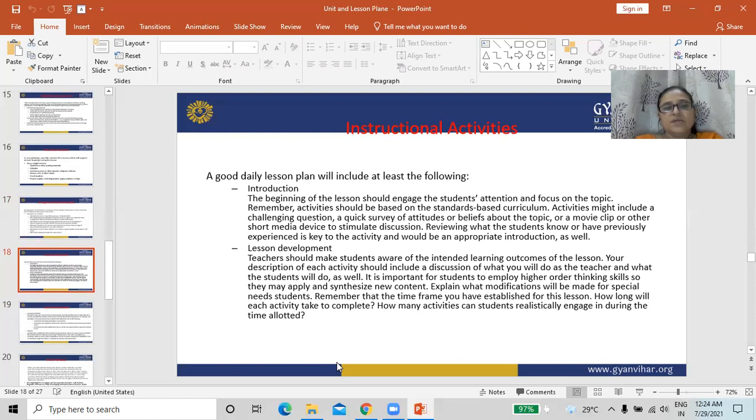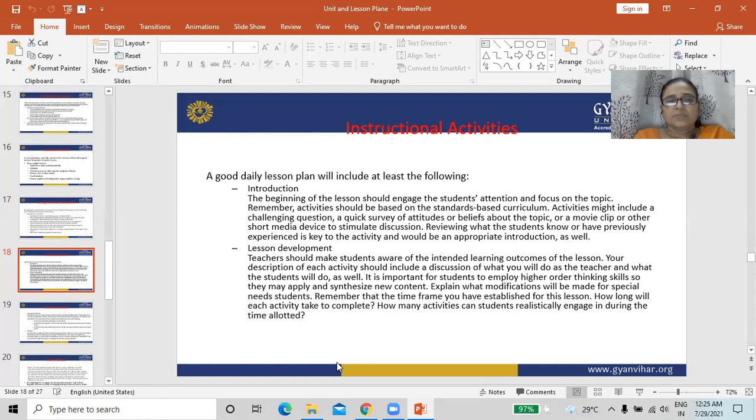A good daily lesson plan will include at least the following: introduction. The beginning of the lesson should engage the student's attention and focus on the topic.